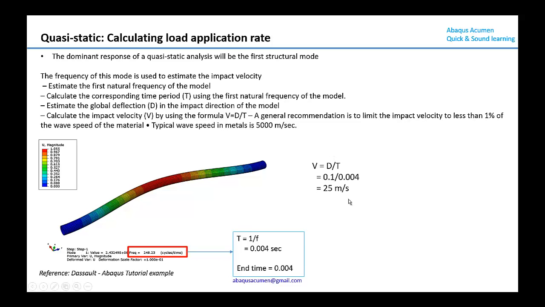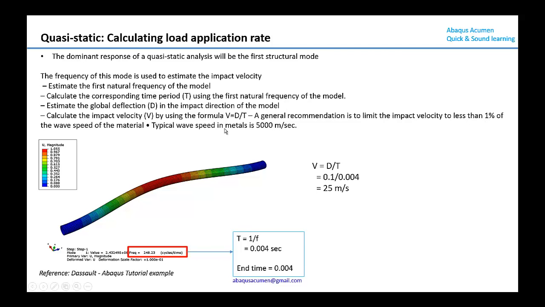So let's go back and see whether this number of 25 meter per second is viable for the quasi-static condition. One guideline mentioned in this tutorial is to calculate the impact velocity using the formula we did, which is 25 meter per second. A general recommendation is to limit the impact velocity to less than 1% of the wave speed of the material.